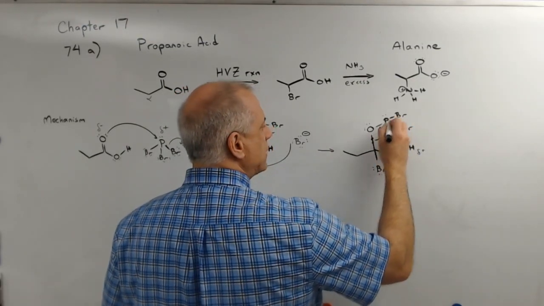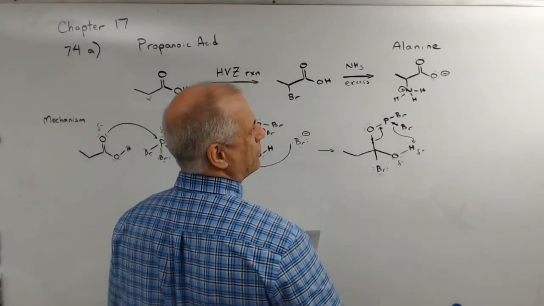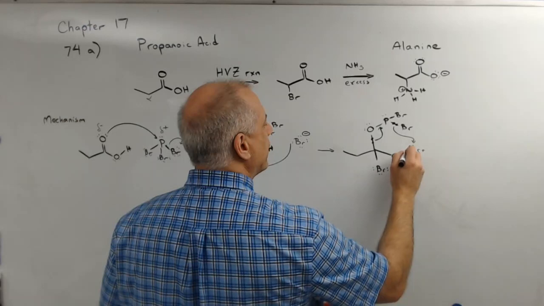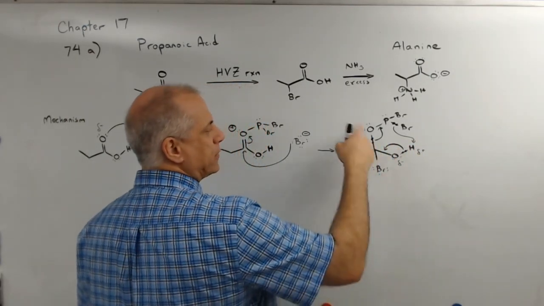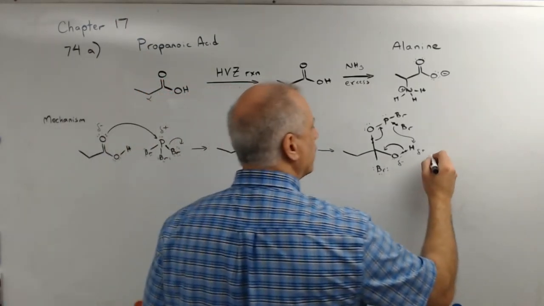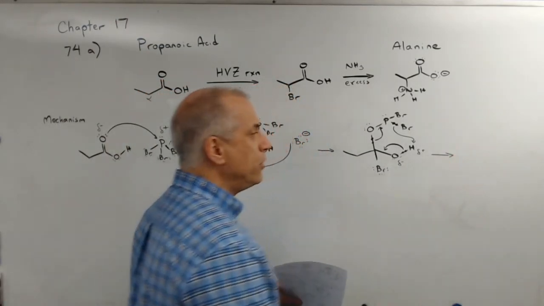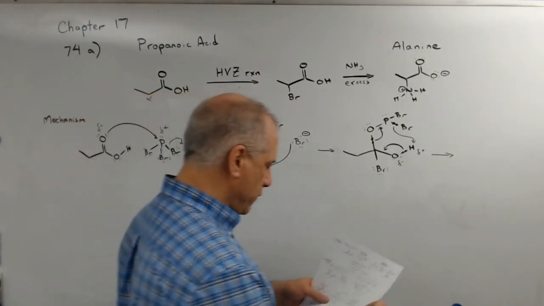The phosphorus then is going to let go of this bromine. This bromine is going to pick up that hydrogen right there, and then these electrons are going to come in over here to reform a carbon-oxygen bond that this one lost. So this one's a little bit kind of complex. I wouldn't expect you to know how to do it without going through it first.